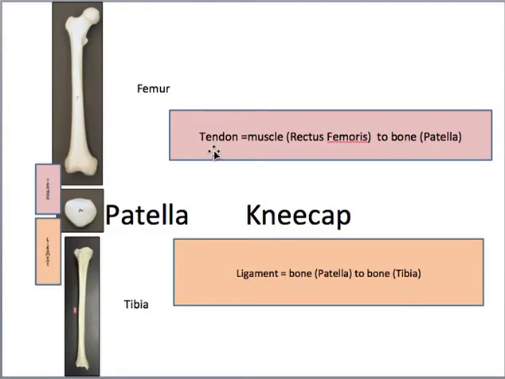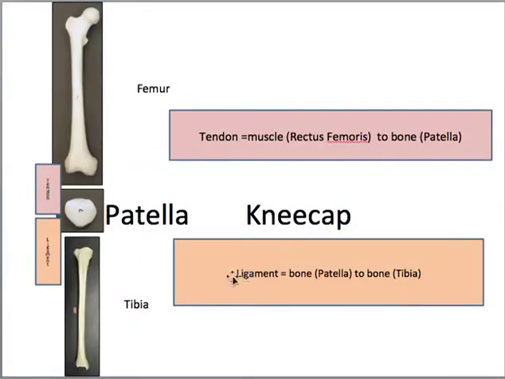The tendon of the four quadriceps muscles, which are the rectus femoris, the vastus medialis, the vastus lateralis, and the vastus intermedius, all attach via the patellar tendon to the tibial tuberosity. The reason this group of muscles is called the quadriceps group, quad means four, is that there are four big muscles in the front of the thigh that allow you to extend the knee.